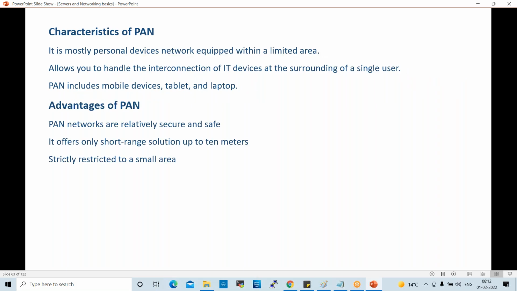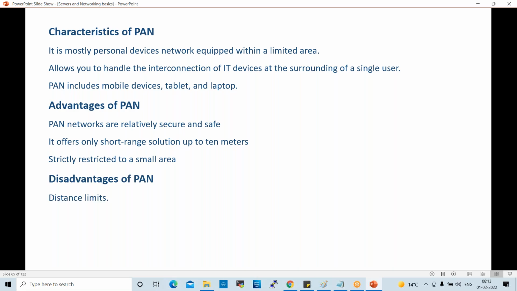Advantage of PAN. PAN networks are relatively secure and safe. It offers only a short range solution up to 10 meters only. Within 10 meters only, you can use this device. Strictly restricted to a small area, like a single room or within the floor, we can use this, right?